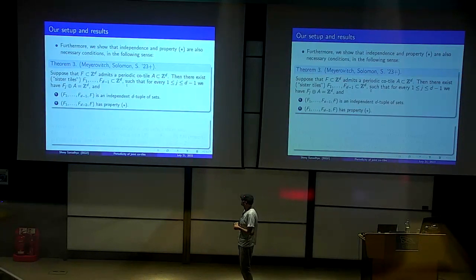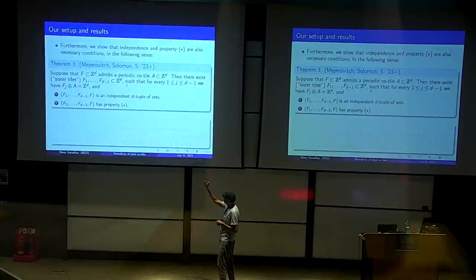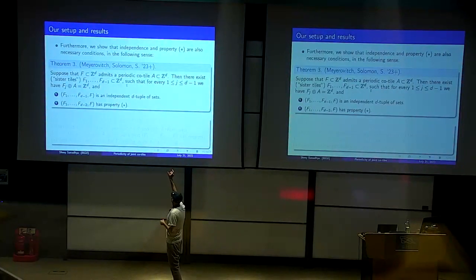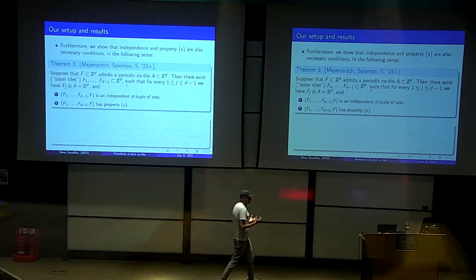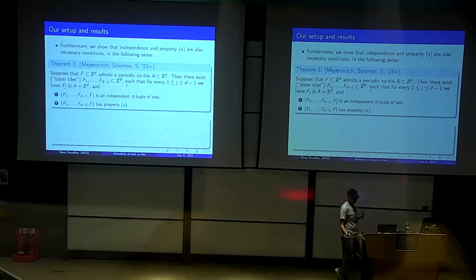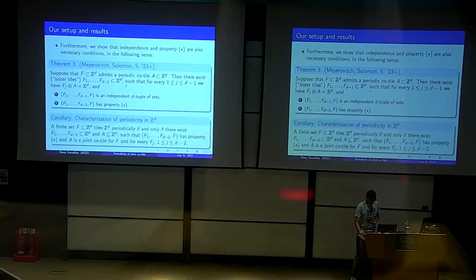If I assume that F admits a periodic cotile A, then I can find these sister tiles F1 to Fd minus 1, and a joint cotile A, such that F1 to Fd minus 1 together with F is independent, and F1 to Fd minus 2 together with F has property star. So this result gives us the other direction. Together we have a complete characterization of periodicity.